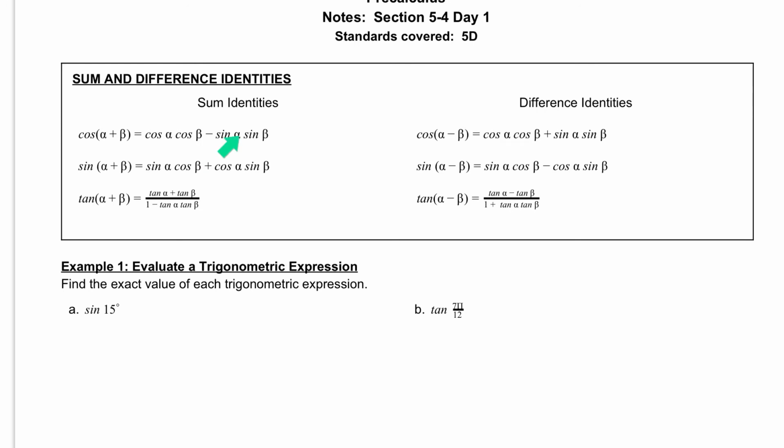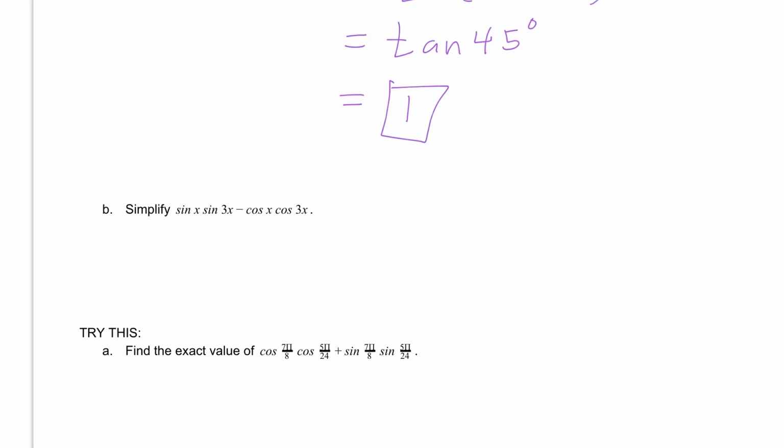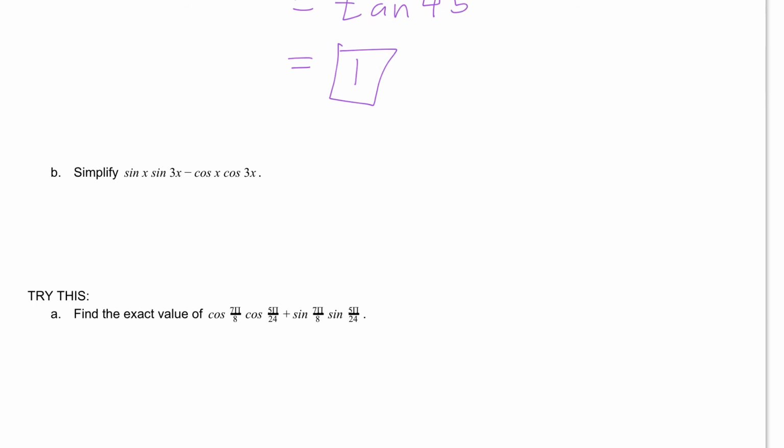So in order to get my sine positive and my cosine negative, I can factor out a negative 1. So let's see what we do with that. If I come back down here and I factor out a negative 1, that makes my sines negative, negative sine x, sine 3x, and it makes this a positive cosine x, cosine 3x.